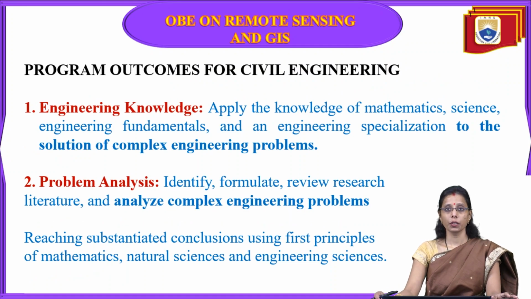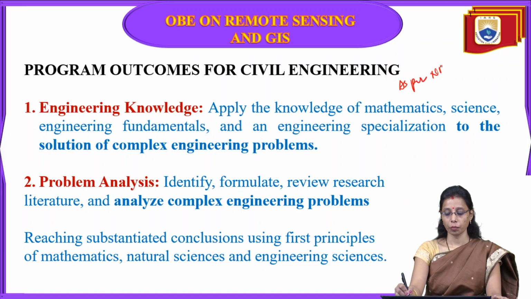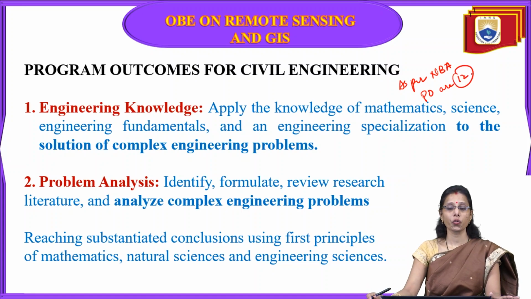As per NBA, the POs are 12. So we have a total of 12 POs, that is, program outcomes, which were given to all the engineering colleges. All the programs have the same POs. Let us see what POs we are going to learn in these BTech courses.